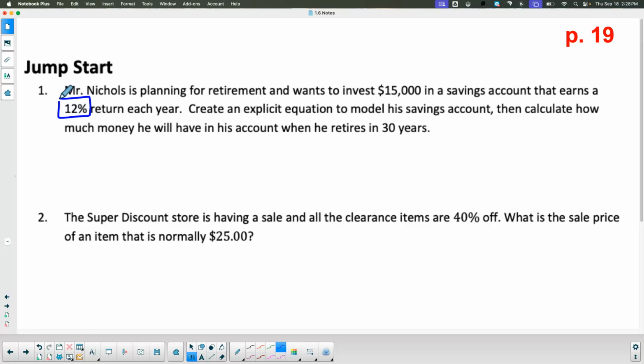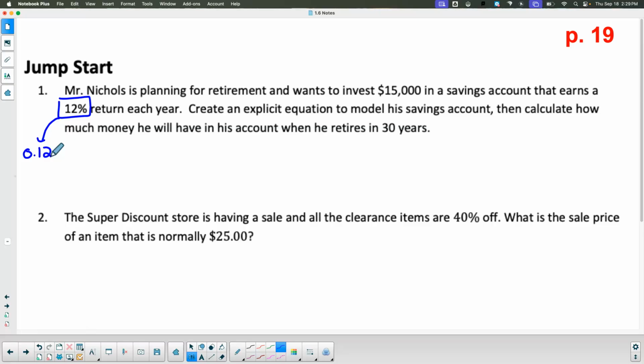So 12% in terms of a decimal is what? 0.12. So 12% is 0.12 in terms of a number.